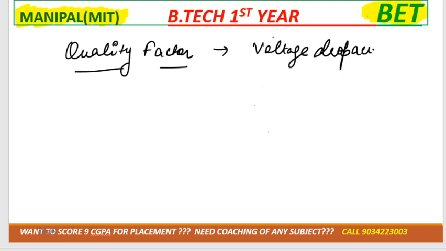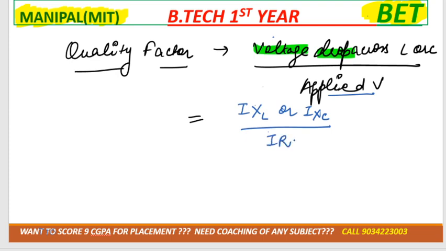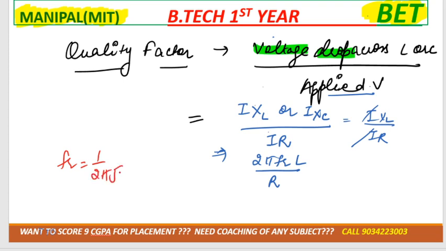The quality factor formula is voltage drop across L or C divided by the applied voltage. Voltage drop across L or C is I into XL or I into XC. Applied voltage is I into R, because as I told you, Z is equal to R. So let us consider I into XL divided by I into R. I cancels with I. XL is 2 pi FR L divided by R. FR is the resonant frequency, so it would be 1 by 2 pi root LC.